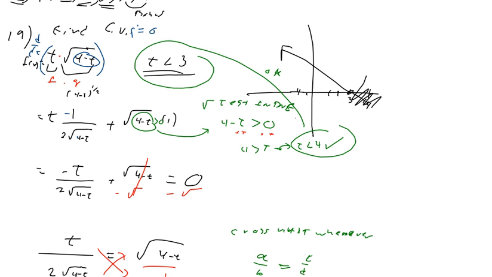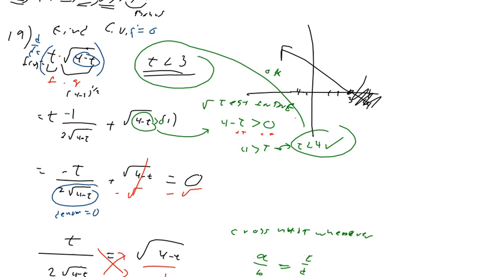The other potential problem is down here. I have a variable in the denominator. Is there a situation where my denominator could equal 0?